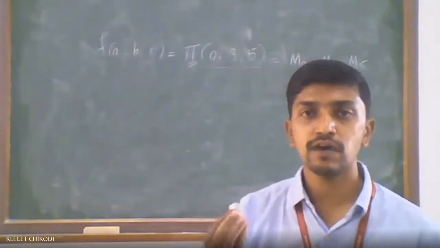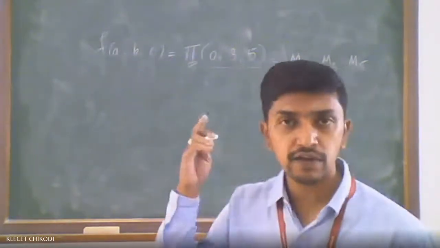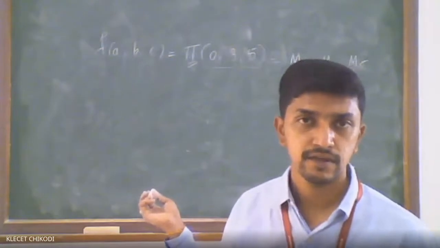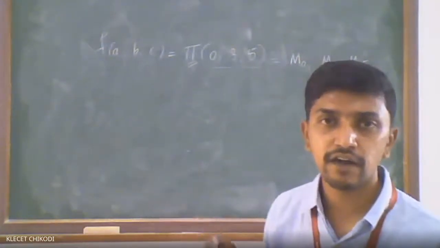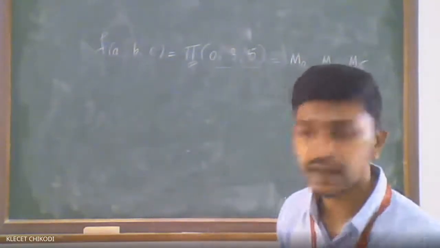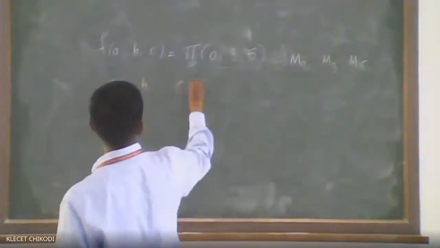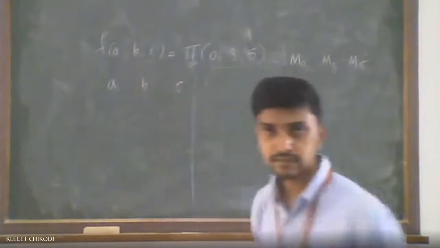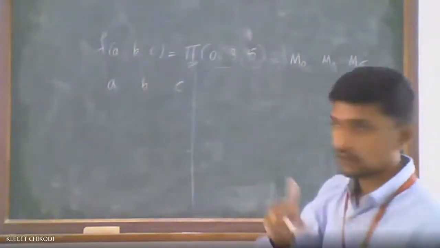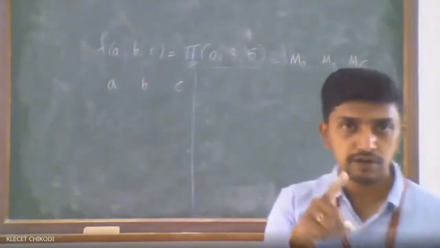Now what you have to do? You have to write down the truth table for this one, considering A, B, C as the input variables. One more thing you have to remember here.